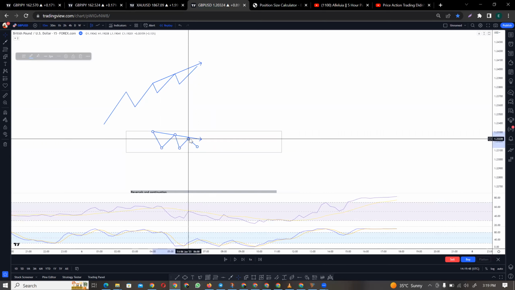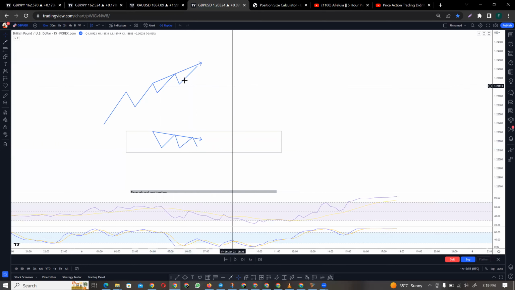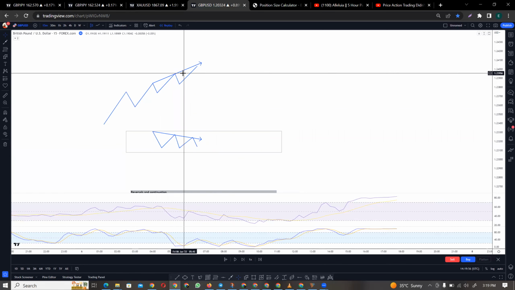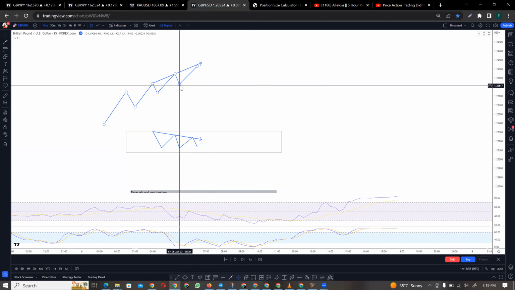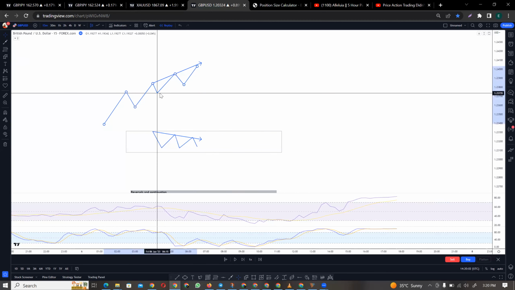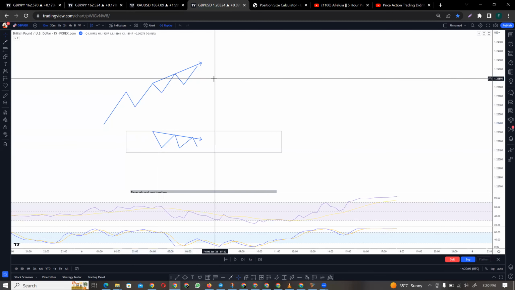Which divergence is this, bullish or bearish? There is divergence, bearish divergence. Wonderful. So which RSI level are you referring to when you say this one is at the top?